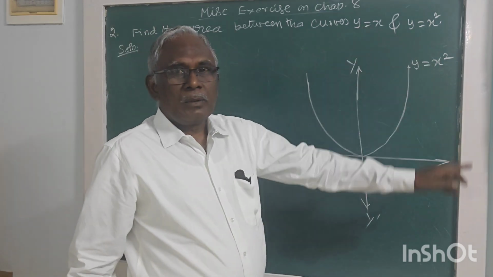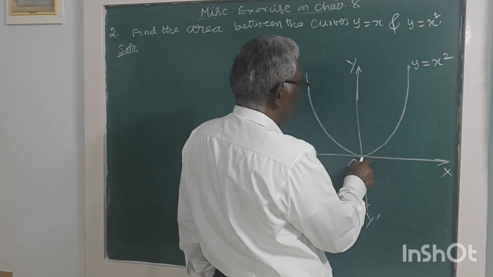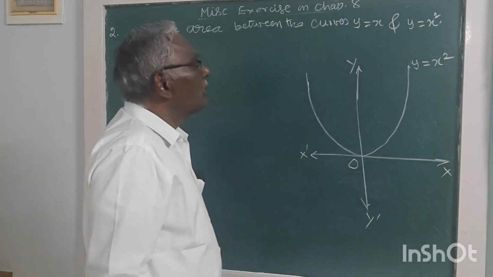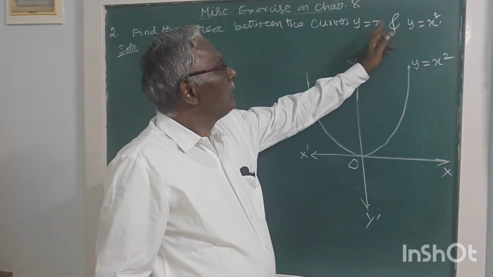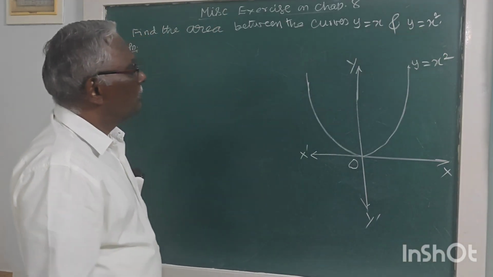And y is equal to x is a line passing through origin, and we have to see where this line intersects the parabola.